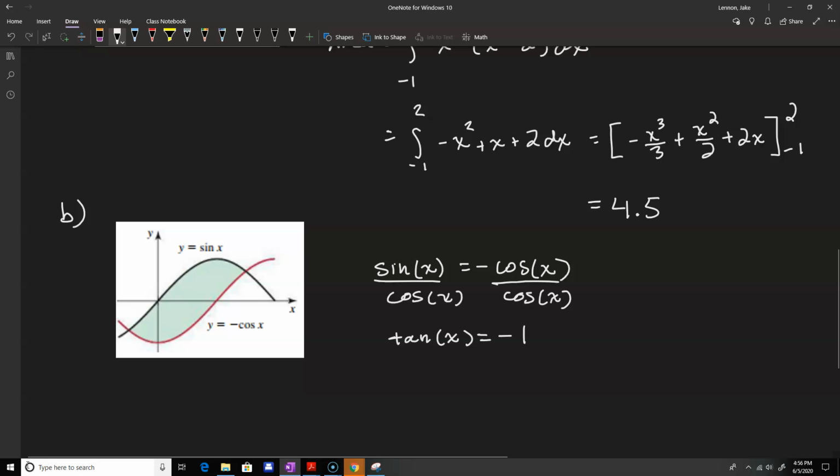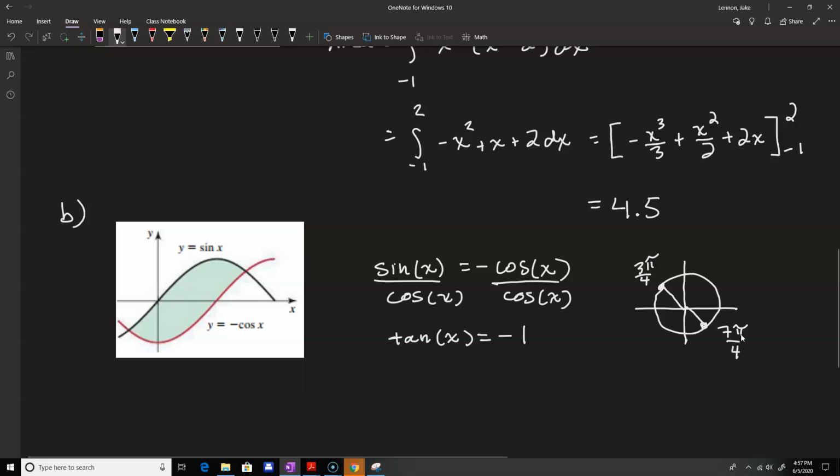And so if you think about the unit circle, that's going to happen in quadrants 2 and 4, where sine and cosine have the same modulus. So it'll be here at 3 pi over 4, and down here in quadrant 4 at 7 pi over 4. So those are going to be our limits of integration, and they line up in the picture.